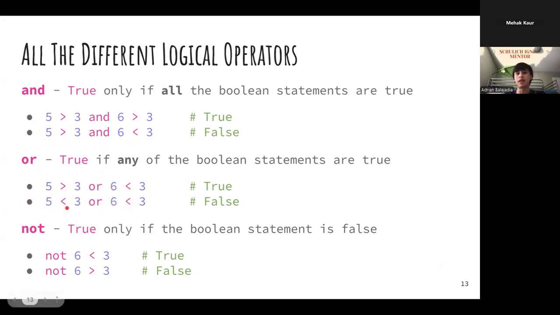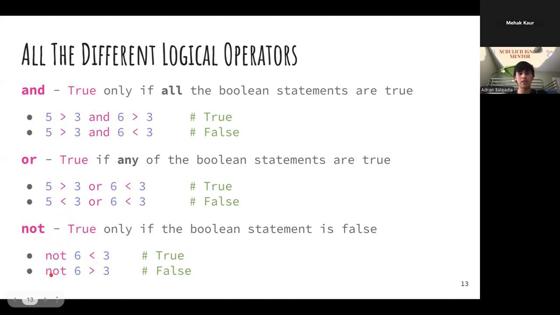But there's also another thing that we could use, which is called not, and it's true only if the variable of the Boolean statement is false. So here we have, is 6 less than 3? It's false. That's basically what we're asking in this sentence here.